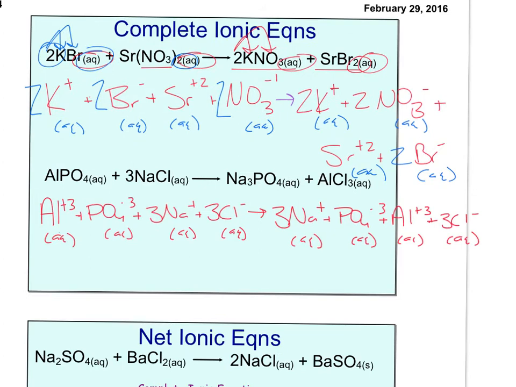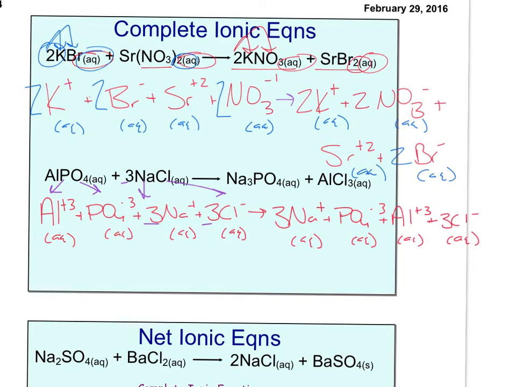So here's the answer for the second one. So we've got aluminum phosphate, aqueous. So I broke it apart into aluminum, phosphate, plus 3, minus 3, aqueous. Then we've got the next one here, 3 sodium chloride, aqueous. So it was split apart. I put a 3 in front of both because there was a 3 coefficient in front of the entire compound, aqueous.